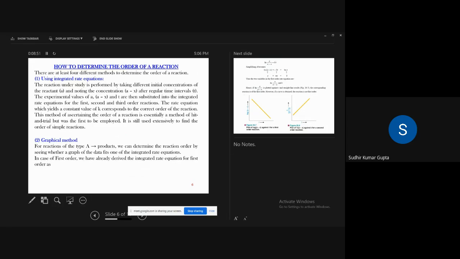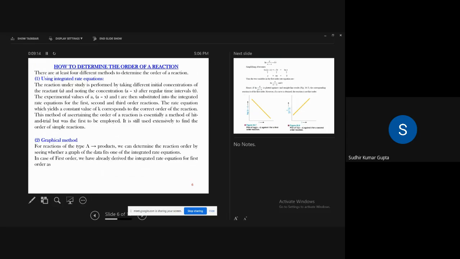If we get the same value of k by using the equation for second order, then it is a second order reaction. So it is hit and trial. From whichever equation it gives a constant value of k, it belongs to that particular order of reaction.